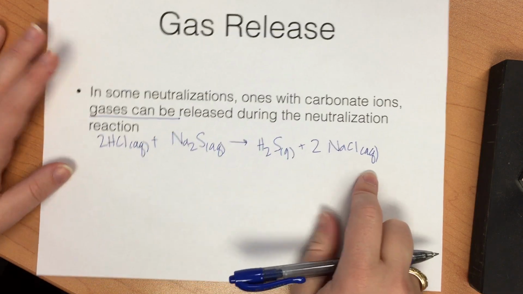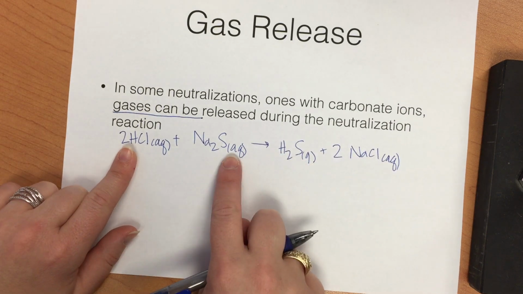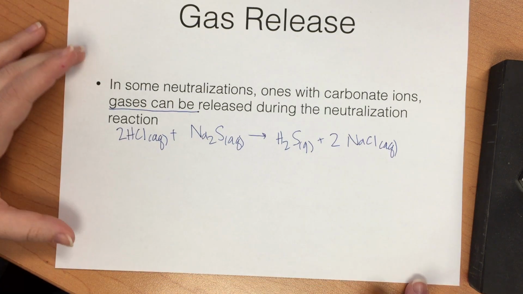In this case, your net ionic would be very similar. It would have the acidic protons with the sulfide to create H2S gas.